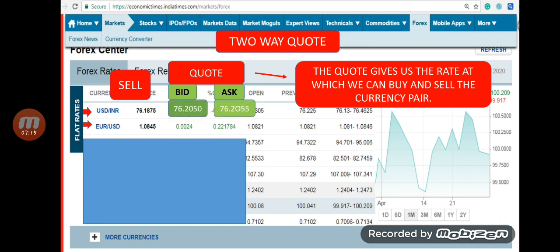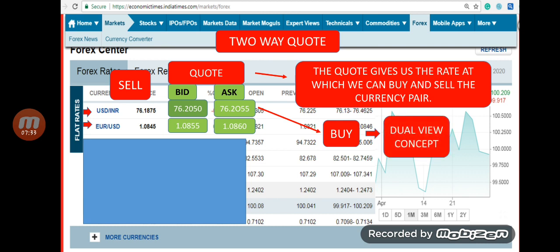So normally, anybody who enters into the foreign exchange market sees two quotes, bid quote and ask quote. If the trader wants to buy the USD INR pair, they'll have to check the ask quote. But we need to remember the dual view concept.